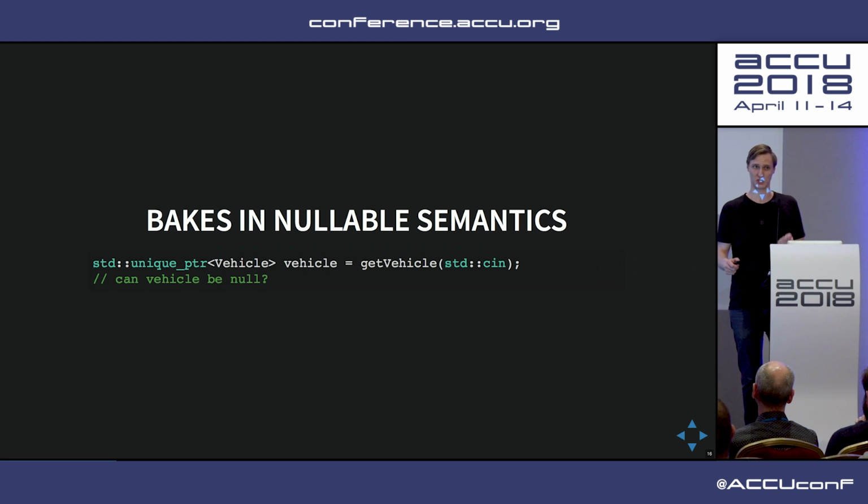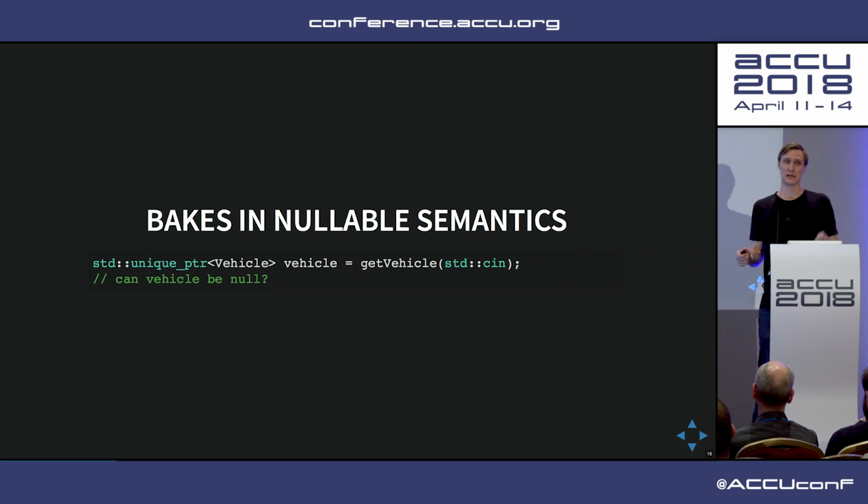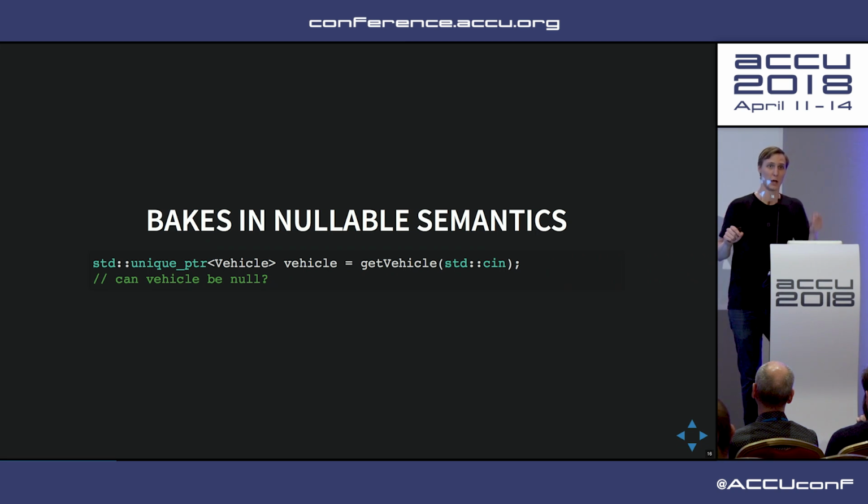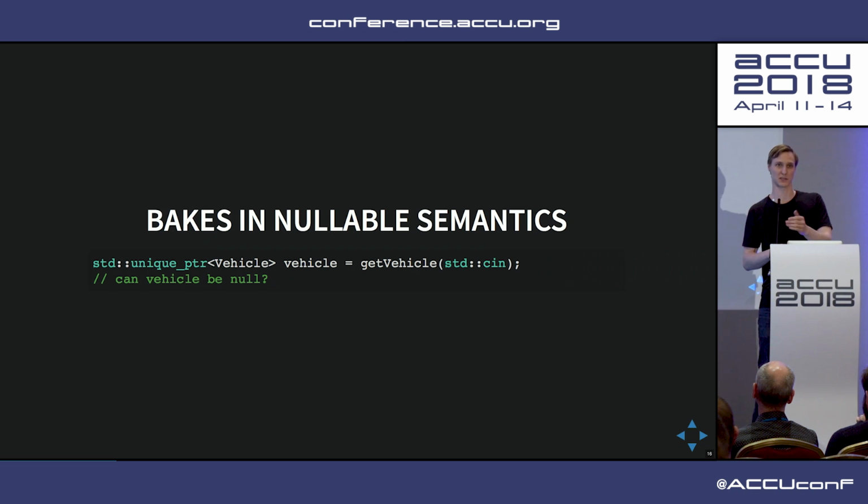Another thing, which is inherent to using pointers, is that suddenly you have a null state everywhere in your program. Because what I wanted to do is just say I have either a car or a plane or a truck or maybe something else. And what I end up with is either a car or a plane or something else or nothing at all.